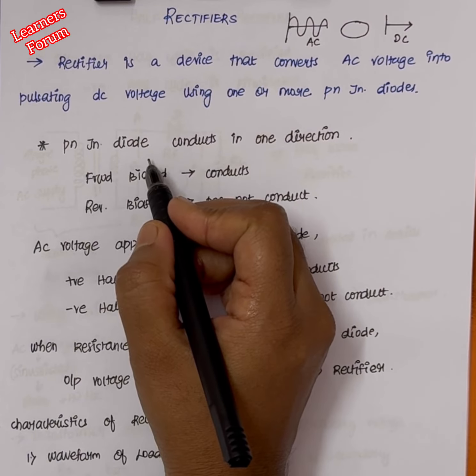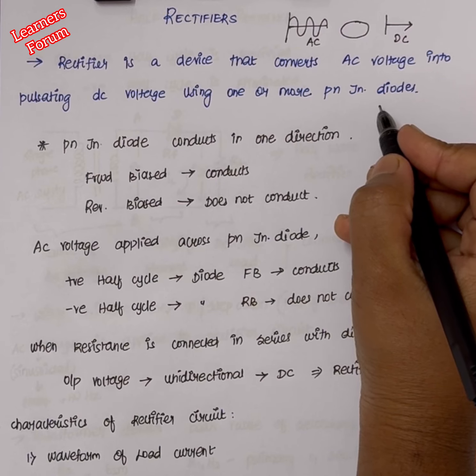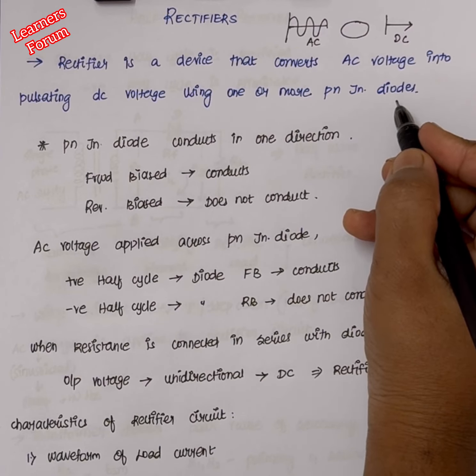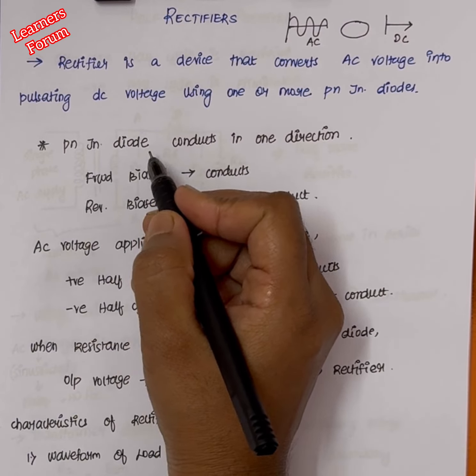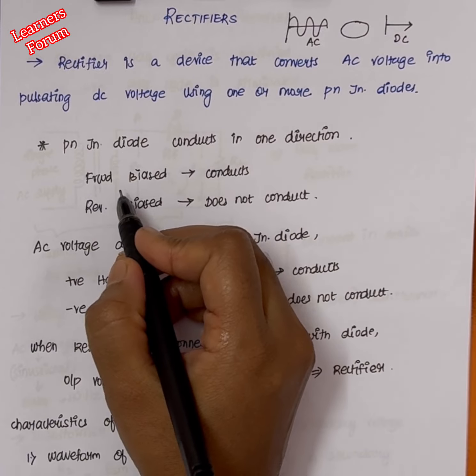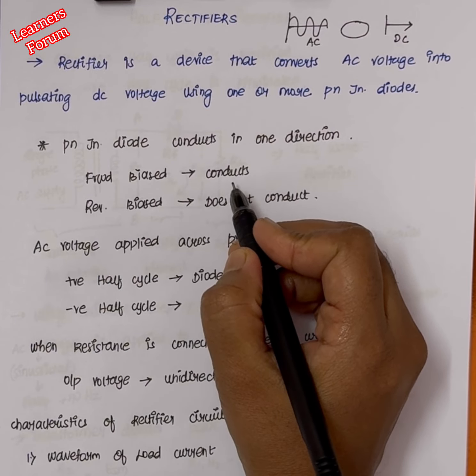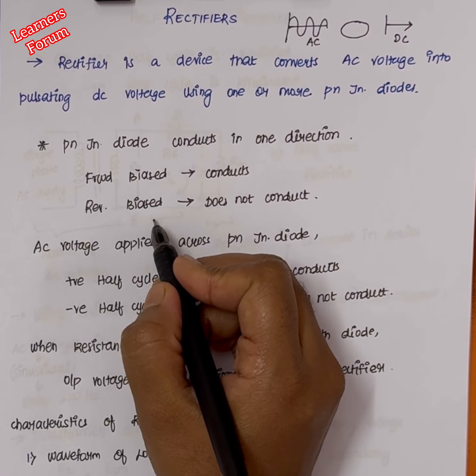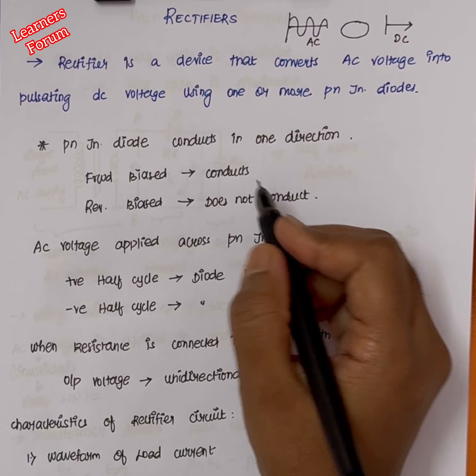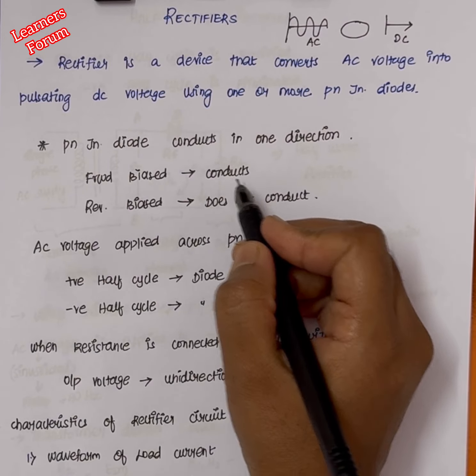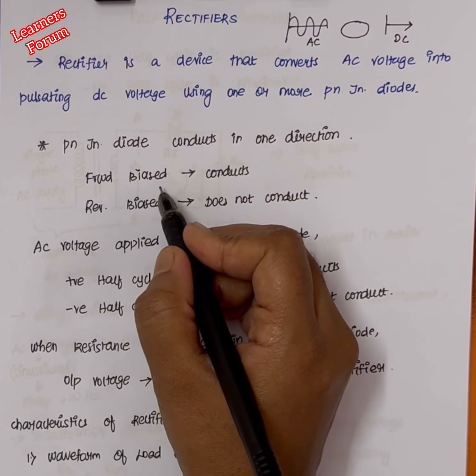The reason for using a PN junction diode in a rectifier is that a PN junction diode conducts in one direction, that is, when forward biased the diode conducts, and whenever it is reverse biased it does not conduct. So current flow occurs only whenever this particular junction diode is forward biased.